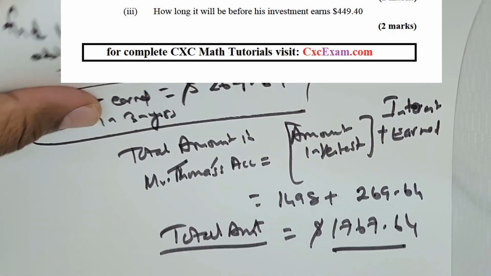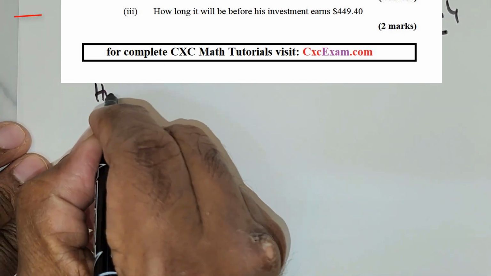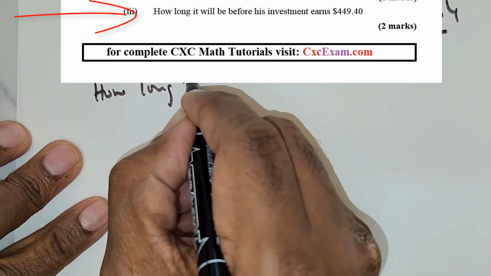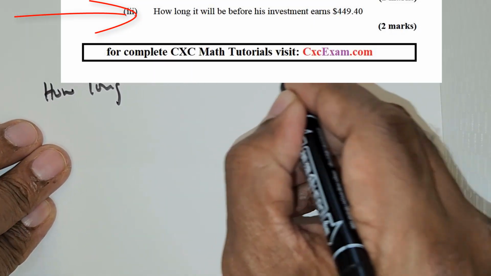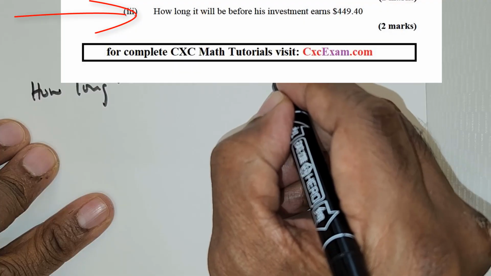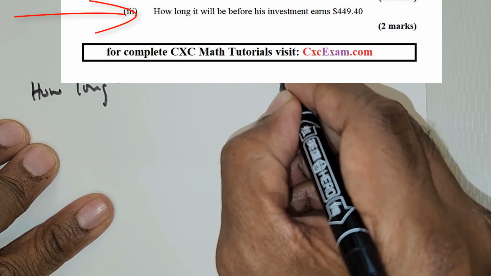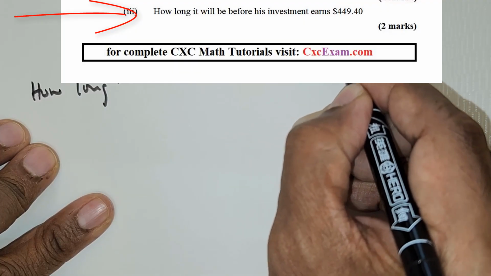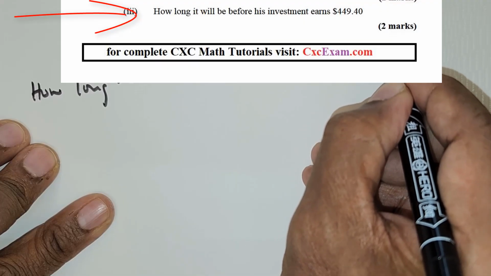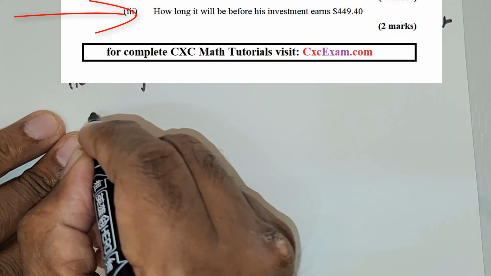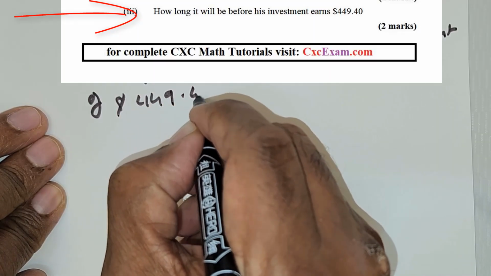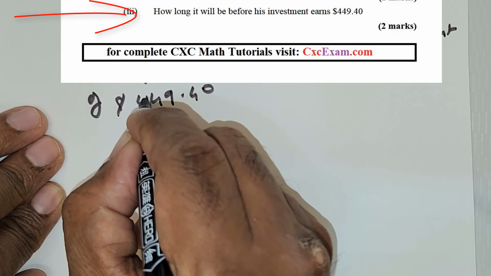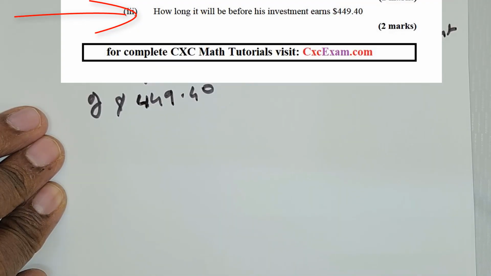So the next question is asking us how long will it take to obtain an interest of $449.40, right? What is the time?